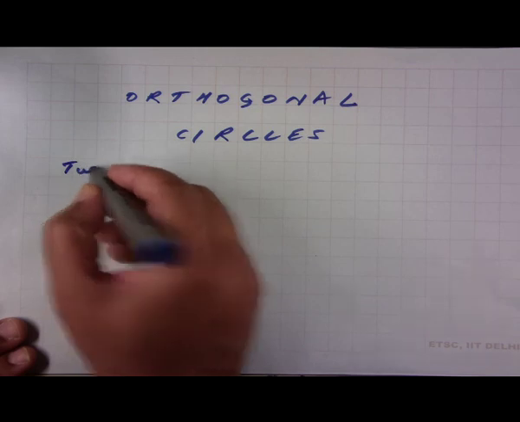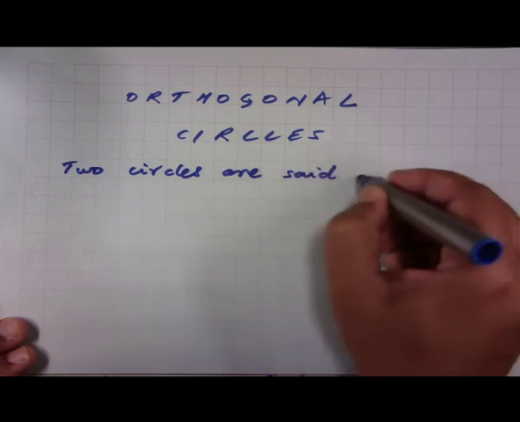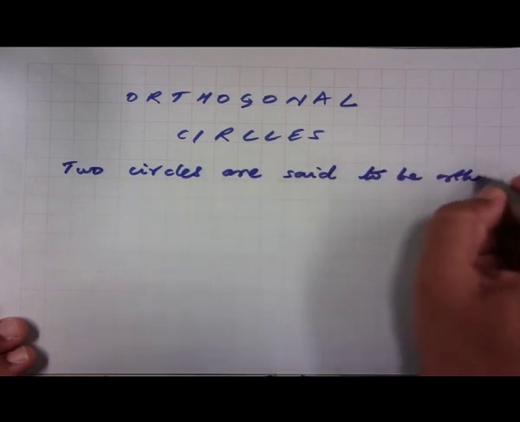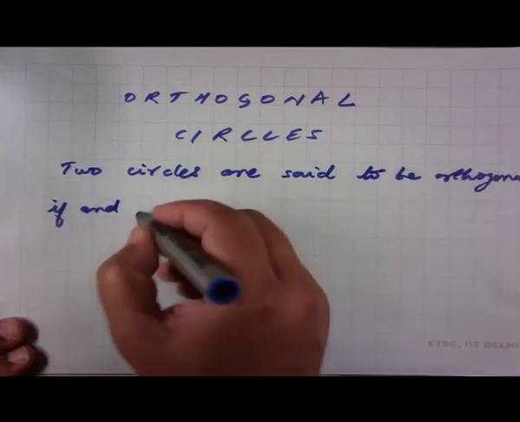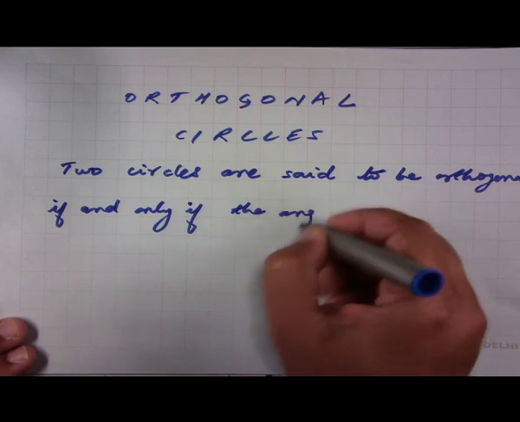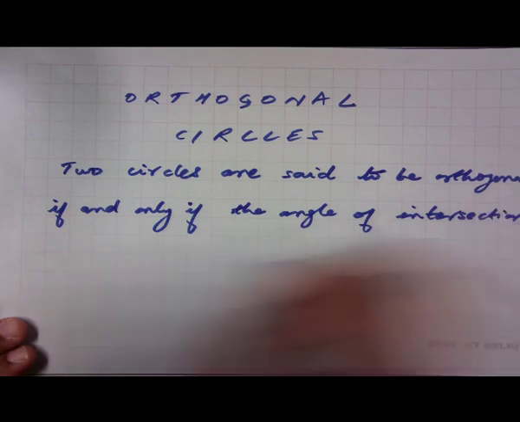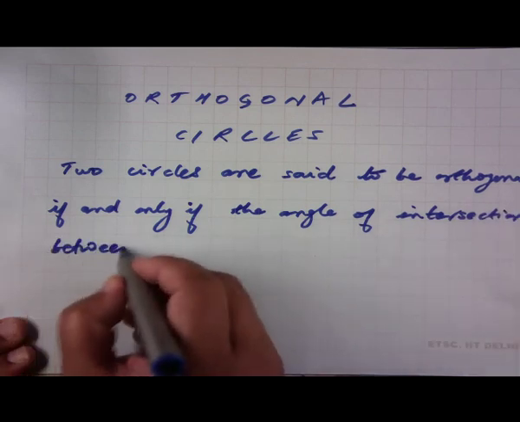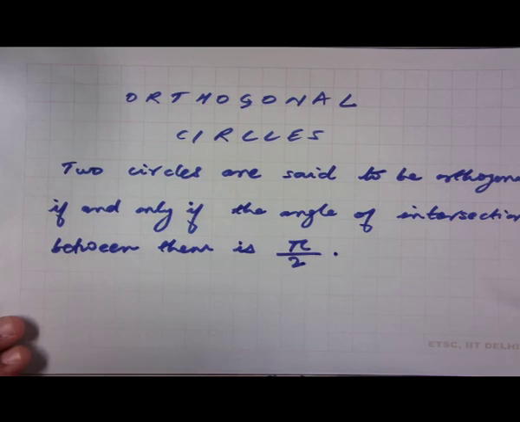So, when we say two circles are orthogonal, two circles are said to be orthogonal if and only if the angle of intersection between them is pi by 2 or 90 degrees.